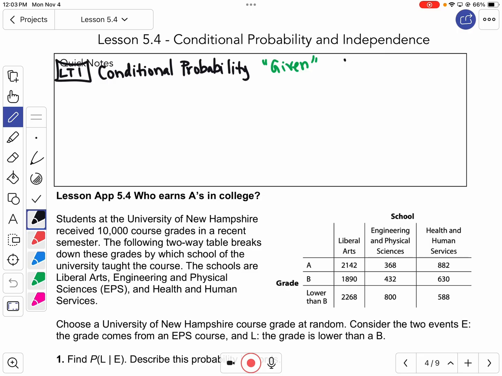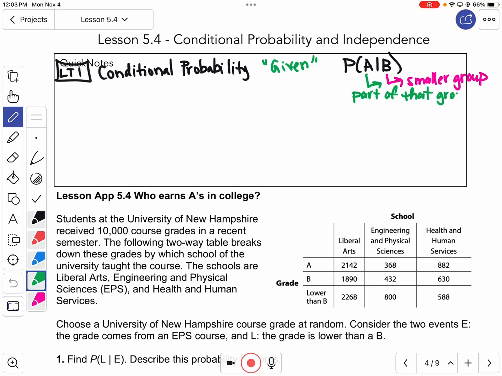We'll see it written like this: probability of A given B. B represents my smaller group. A has to be part of that group. So my conditional probability is like a sideways written fraction. The numerator's first, the denominator second.